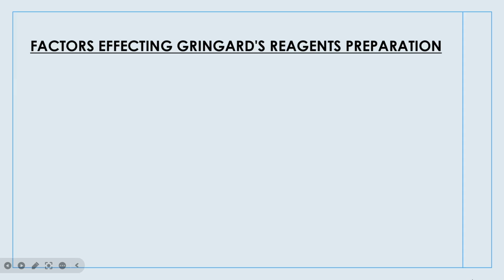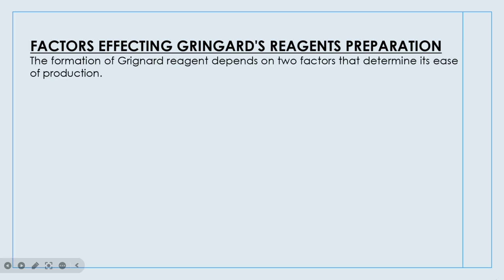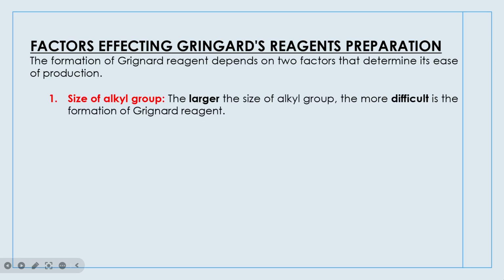Now, what are the factors that affect the preparation of the Grignard reagent? Since it is the most significant compound used for organic synthesis, there are two major factors involved in its preparation. First is the size of the alkyl group. Grignard reagents contain an alkyl group. The larger the size of the alkyl group, the more difficult the preparation of Grignard reagent.